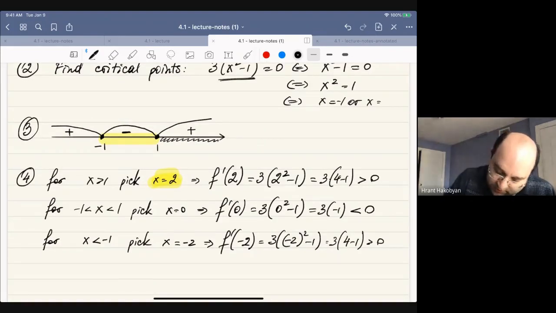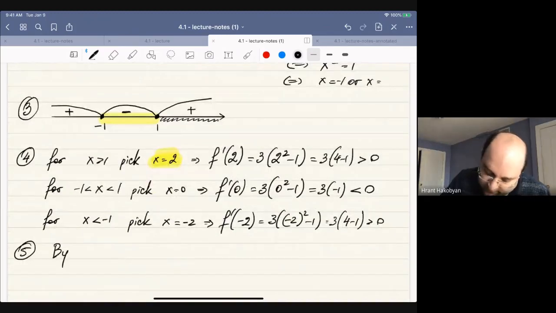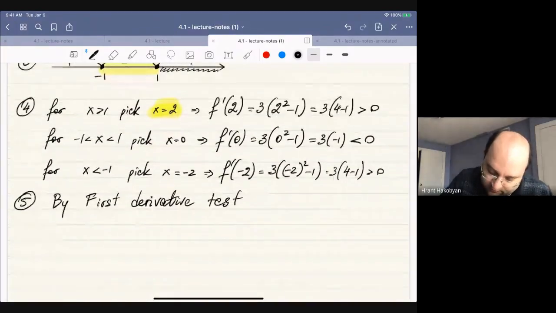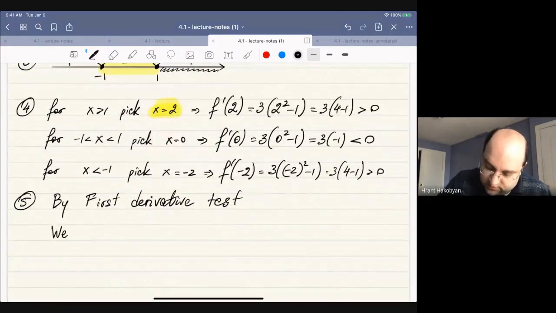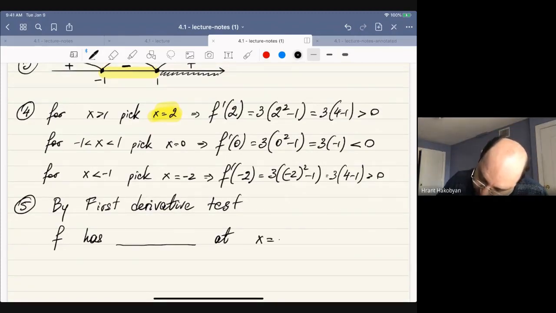Now we can use, that's step 5, the first derivative test. Let's say f has, well, I'm going to leave some space here, at x equals -1, and f has something else here at x equals 1.